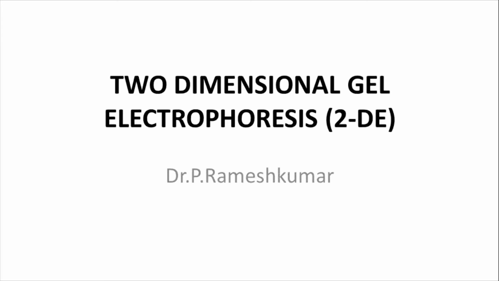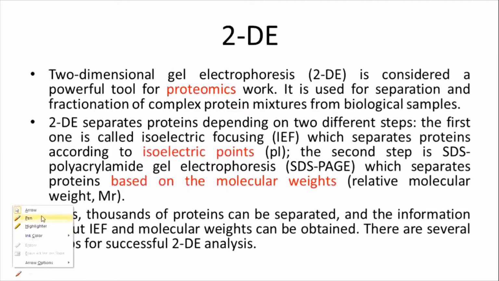Okay. Likewise, two-dimensional electrophoresis is considered a powerful tool, especially in proteomics work. Yes, we want some proteomics profile of some organs, some bacteria, for some physiological conditions or disease conditions. So we can differentiate that disease condition, what genes are expressed. Either mRNAs are there, or the protein products are there.